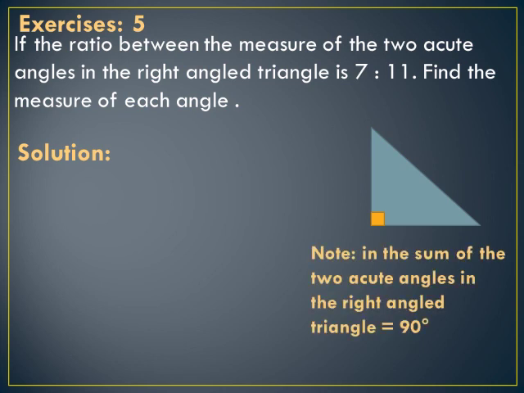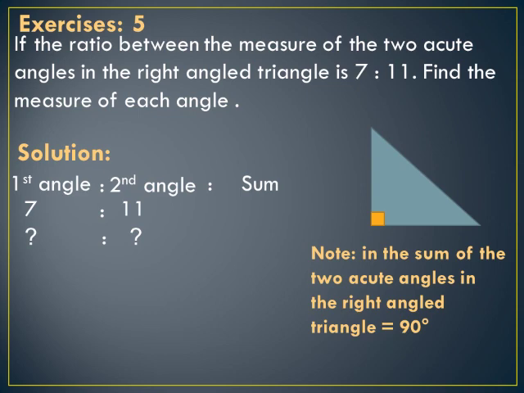Note, the sum of the two acute angles in the right angle triangle equals 90. This is the word sum. So the ratio between the first angle and the second angle is 7 to 11 to sum.